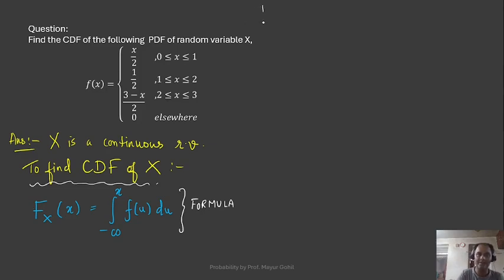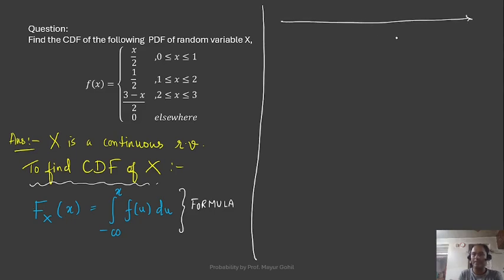Now let us do the work. A large number of times students have a lot of confusion about how to handle this. So I always suggest that you first draw a number line, and on that number line you plot your intervals.